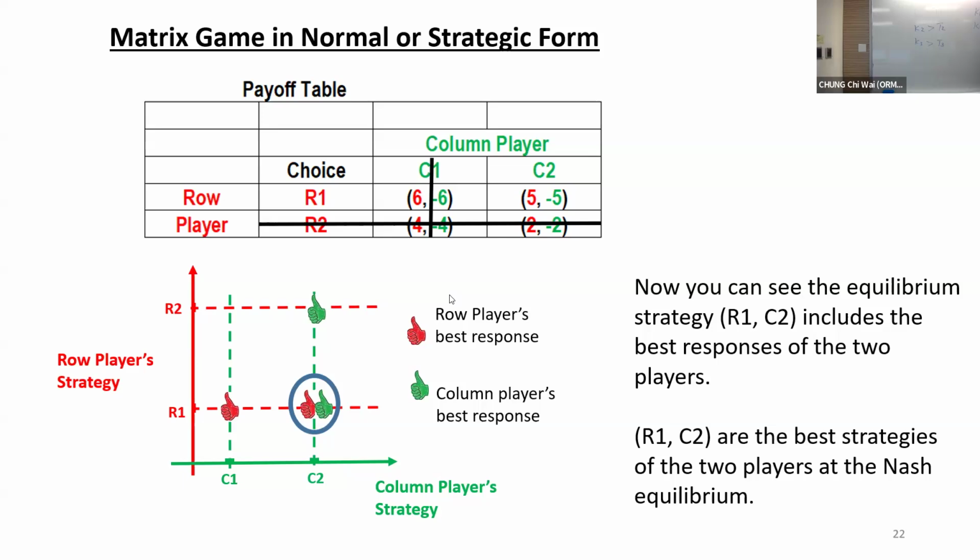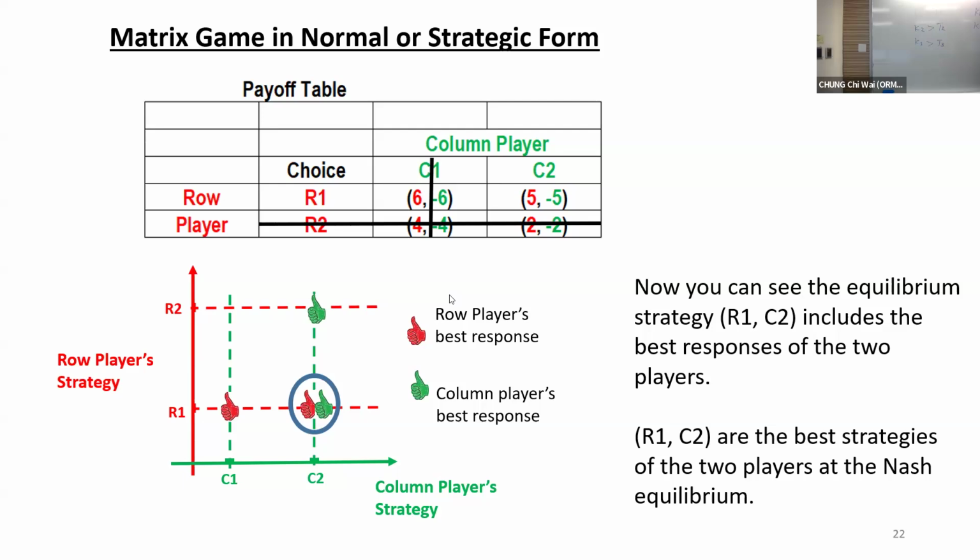So I used a very simple example to show you how to apply the two-step method to check whether a point is a Nash equilibrium or not. In rock, paper, scissors, there is no Nash equilibrium, since no point includes the best responses of both players.